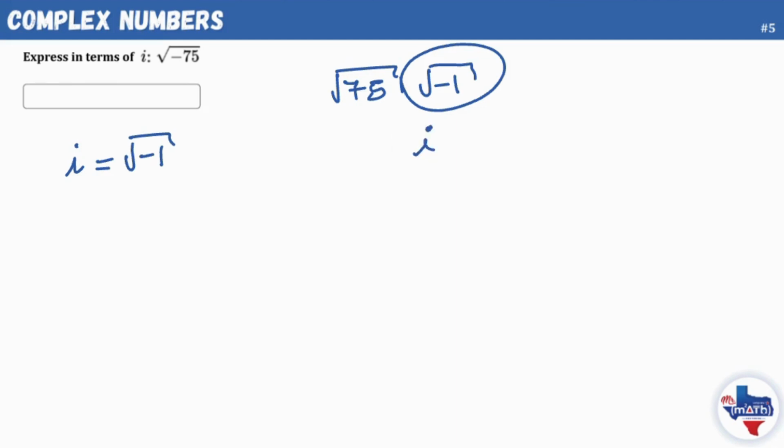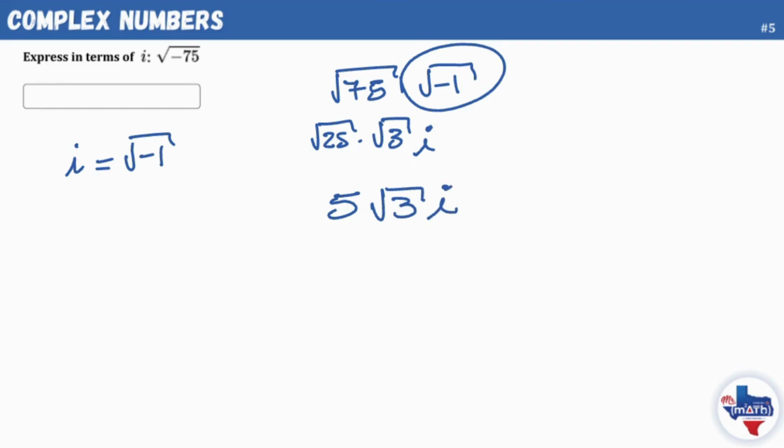Now the root of 75 could be expressed as the root of 25 times the root of 3, correct? Because 3 times 25 will be 75. The root of 25 is 5, so I'll have 5 root of 3 i.